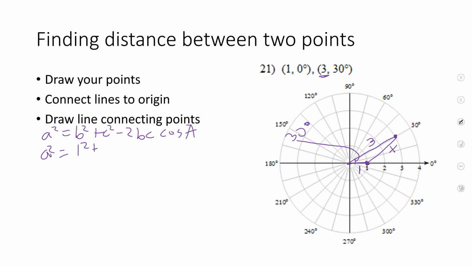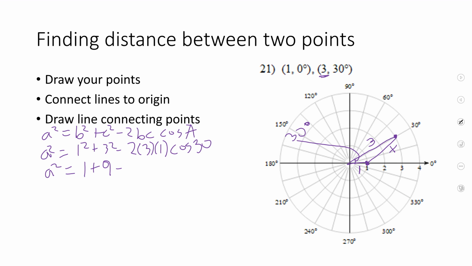So I'm going to say 1 squared plus 3 squared minus 2 times 3 times 1 cosine of 30. So a squared equals 1 plus 9 minus, I think that's minus 3. Let me check that. So 2 times 3 times 1 cosine 30.